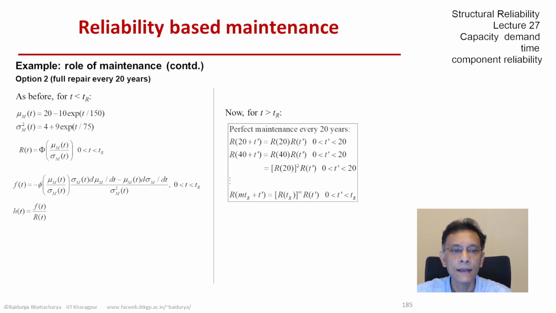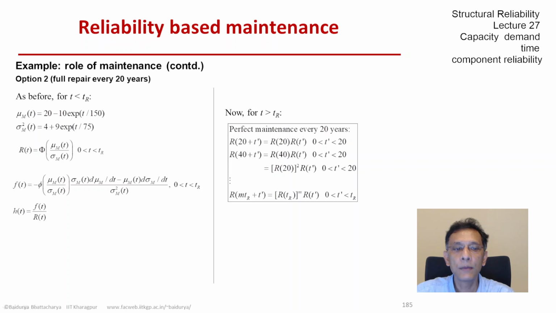And we can use this recursively and find that R at m tr plus t prime, so after m repairs, it's basically R at tr to the power of m times the reliability as it would be in the first t prime years of its life, t prime being less than 20.